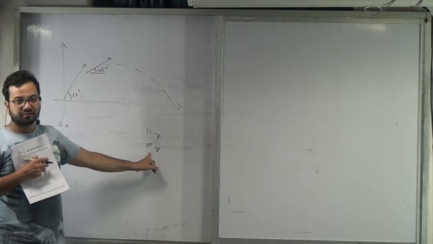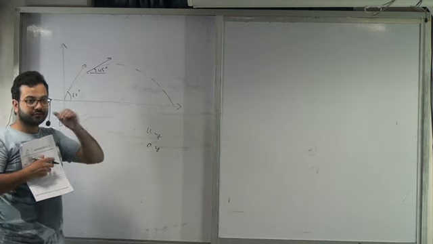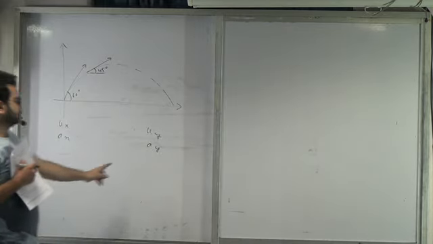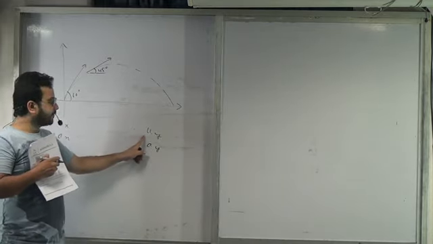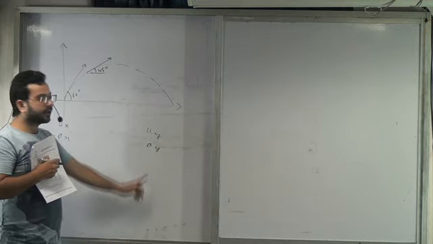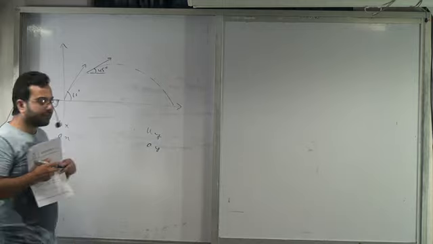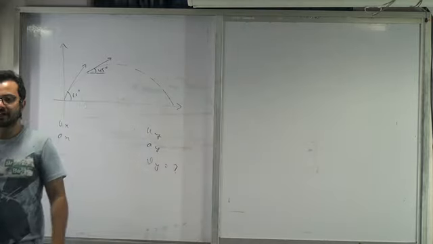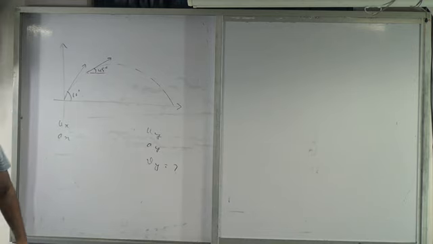Height is one option, but something else would be easier. What should I calculate so that I can get T? Vy, correct, you're right. If I find Vy, would I be able to get T? That's it. Do you get this?